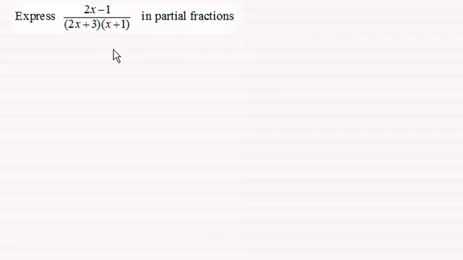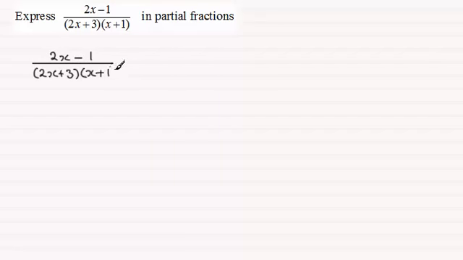Okay, welcome back then if you had a go. So, as I say, I'm assuming that you have watched the previous video in this series where for a fraction, something like this, we've got 2x minus 1 then divided by 2x plus 3 times x plus 1.